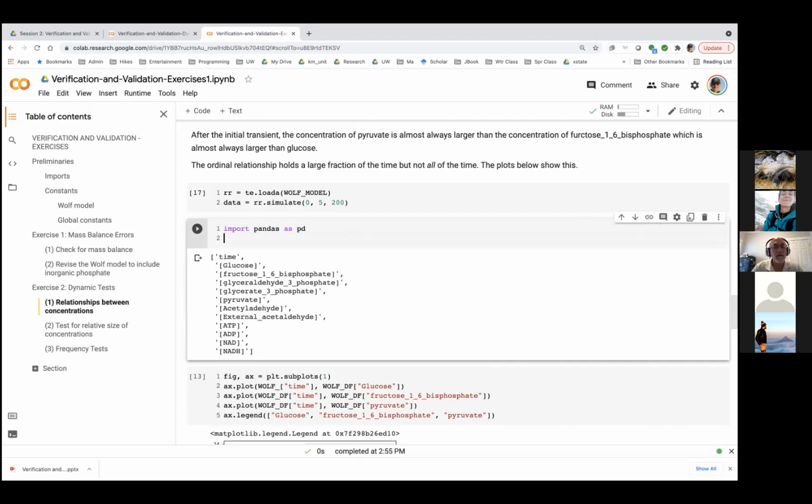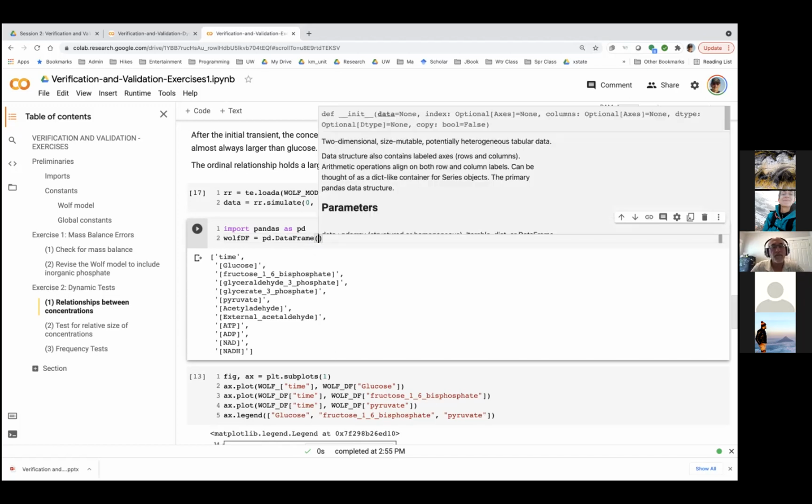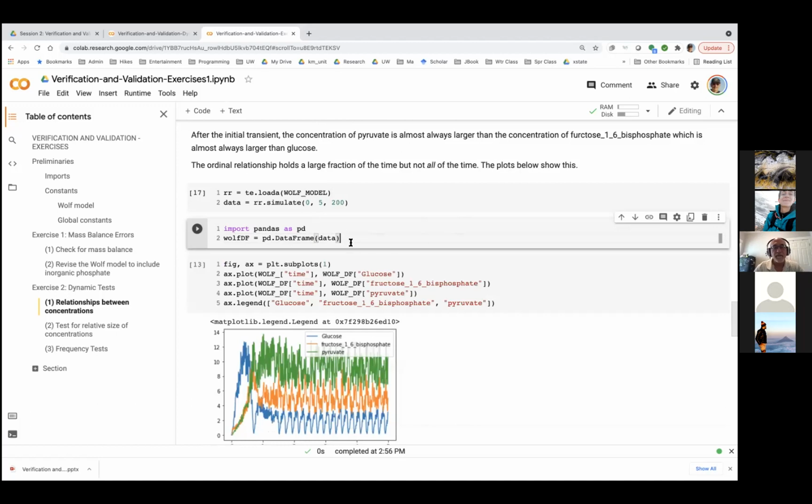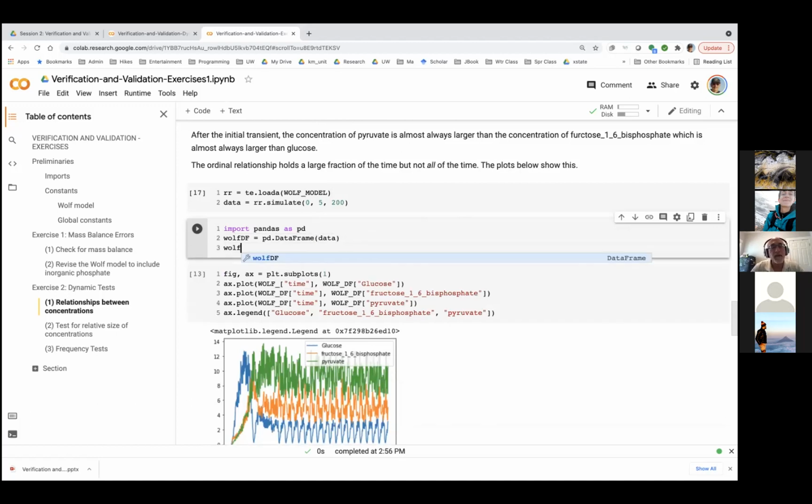I'll call this lowercase wolf df, to distinguish it from the synthetic observational data. You type in pd.DataFrame, so pd to get the pandas package, then DataFrame. Then I just put in data over here, so I'm just picking up the named array from before. I can take a look at that, and then let's see what this thing is.